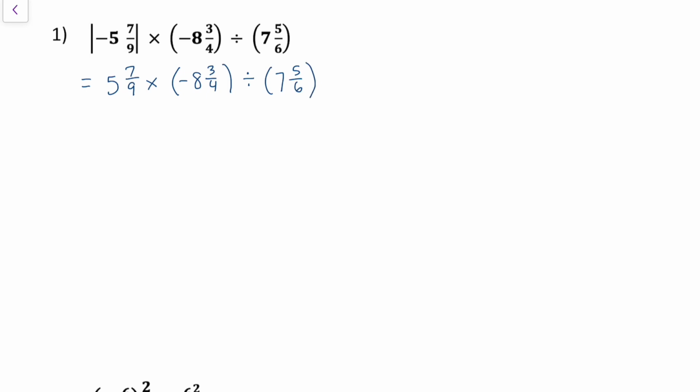I now have to do my multiplication and division in the order it comes up. So I'm going to do 5 and 7/9 times negative 8 and 3/4. So I'm putting that onto my calculator using my ABC button.